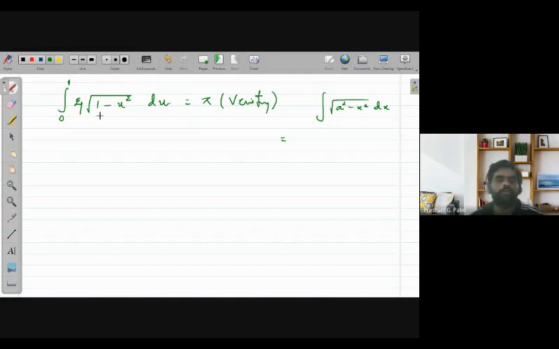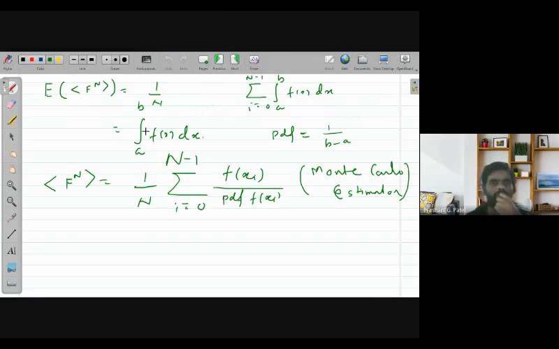Okay. So this is another way to estimate the value of pi. As per this integration which we have discussed here, it says 1 upon n into f of xi upon PDF of that one.